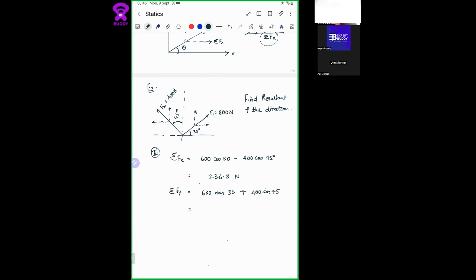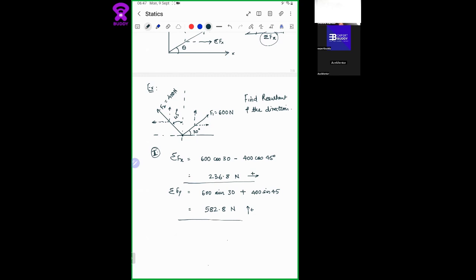Okay, the addition. So you get, I think it's 582.8 newtons. Okay. So sometimes people write the notation as well, that it is upwards or it's right.